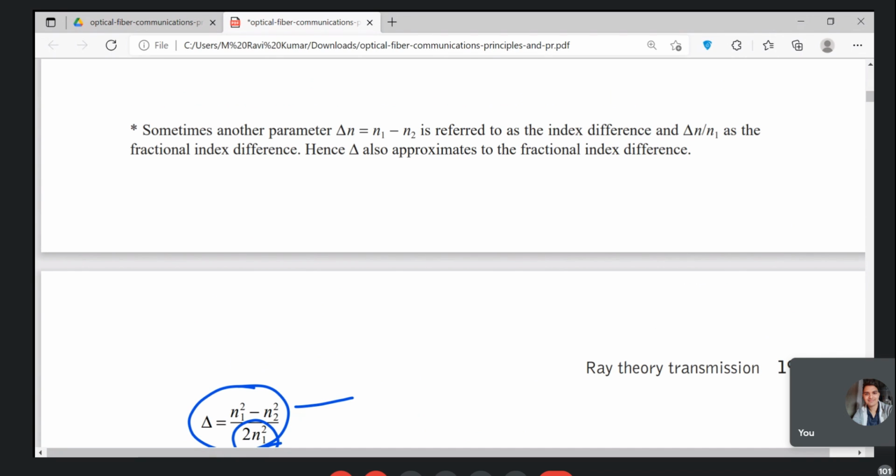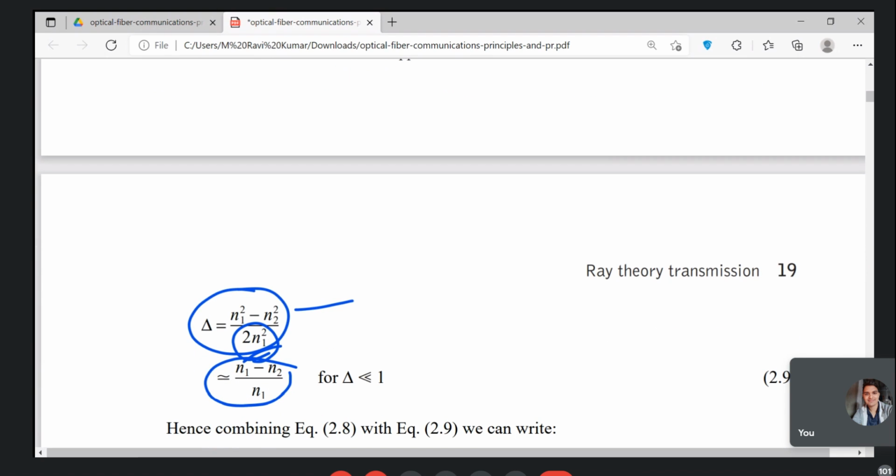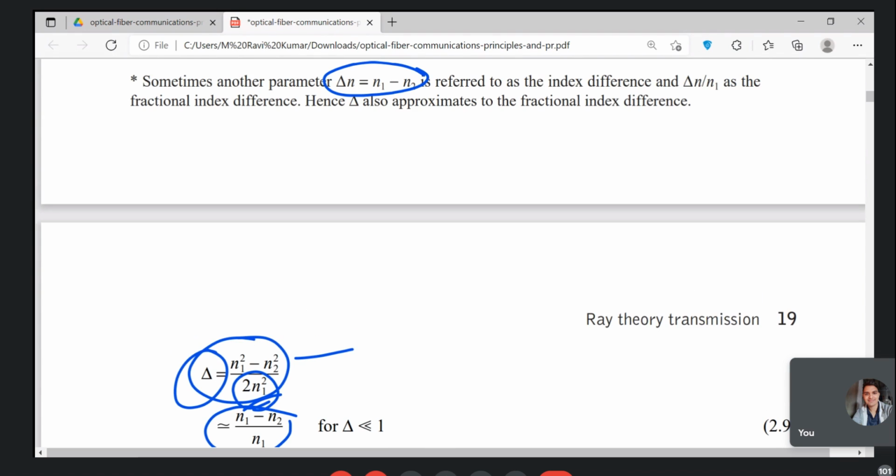Now there's another parameter, delta n. This is referred to as the index difference. This is not the relative refractive index difference. Okay, so delta n, and what we have here is delta. I hope you are able to identify the difference between the relative refractive index difference and just the index difference.